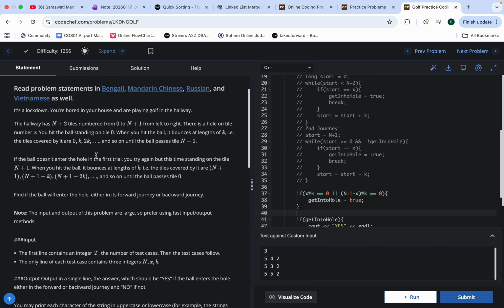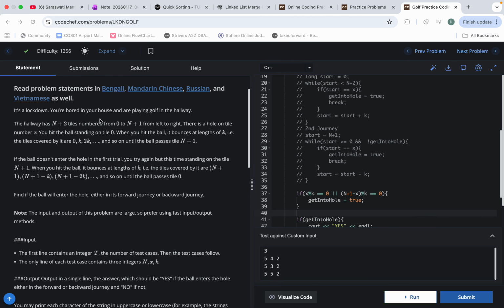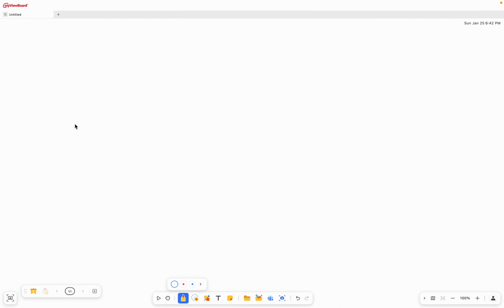So let me just explain the question to you. The question says that it is lockdown, and you are bored at your home, and you want to play golf in your hallway. Your hallway has n plus 2 tiles.